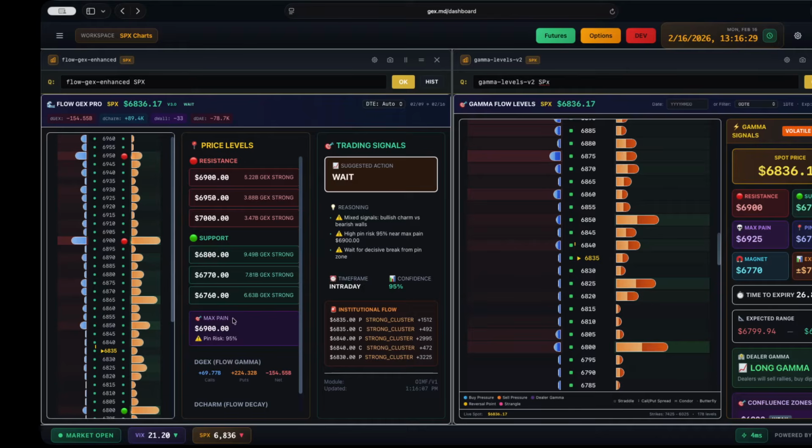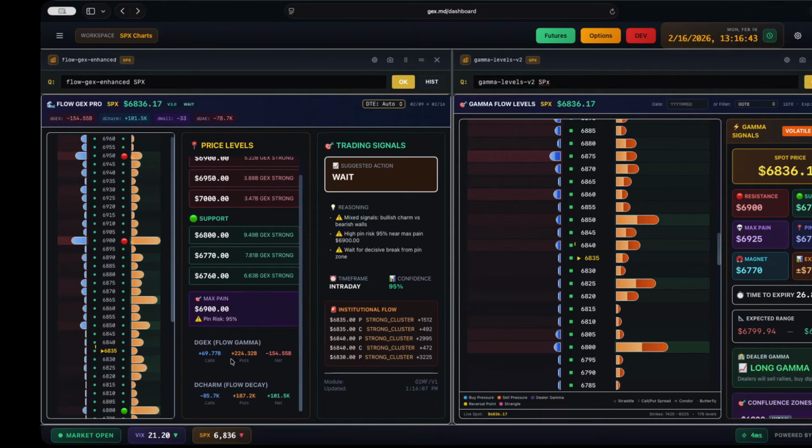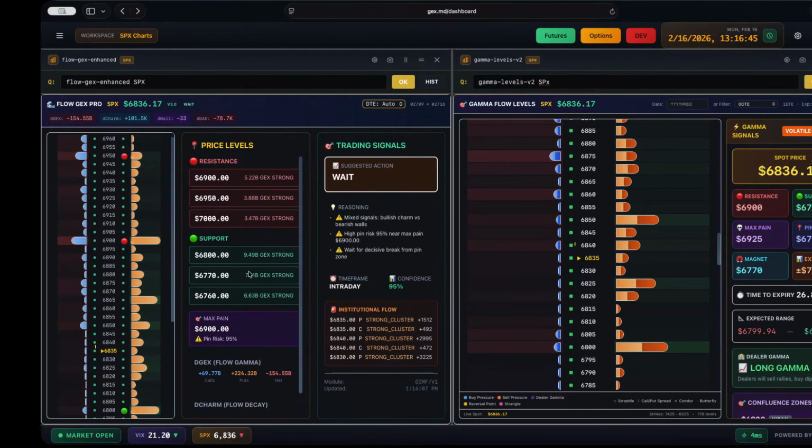Where the pink is sitting, and you can choose this as well for any DTE, but this is set for 0DTE only. So you get the same data here, but with more details.